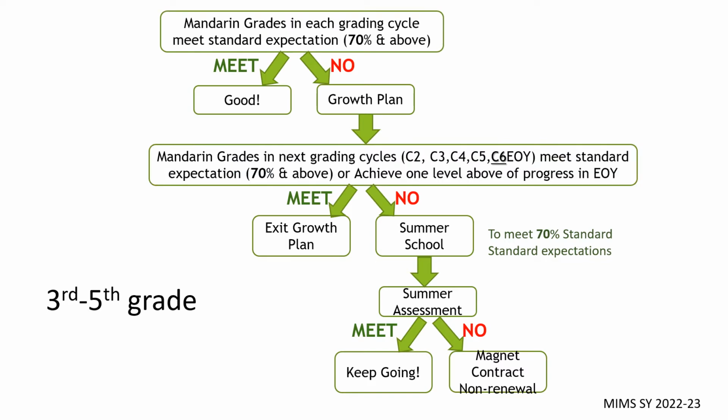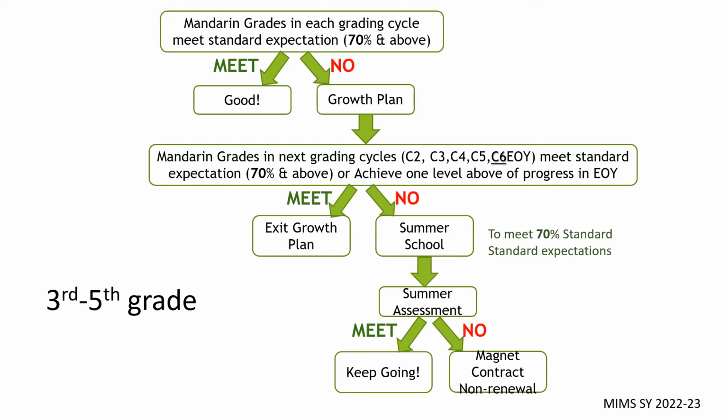Third grade through fifth grade, we are using Mandarin grades as well as level Chinese assessment, BOY, MOY, and EOY, as a continuation requirement to determine whether or not we will continue the magnet contract for next school year.